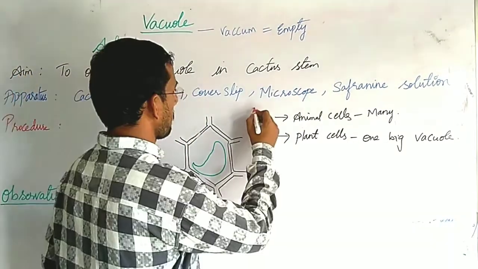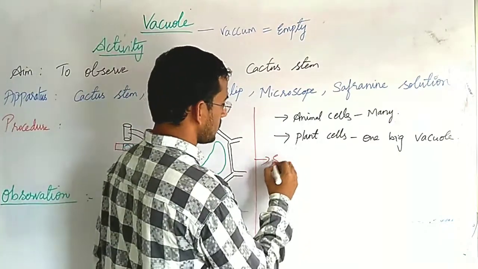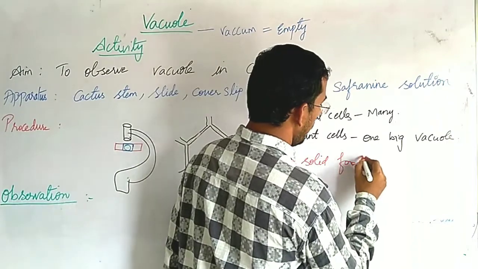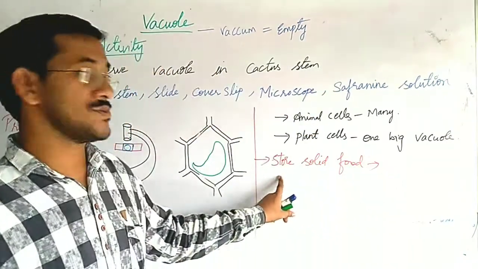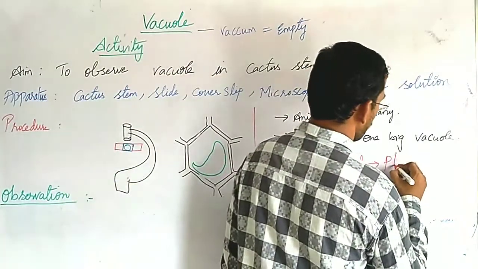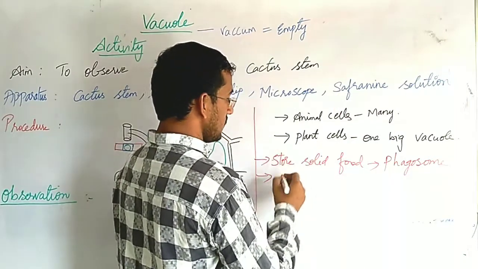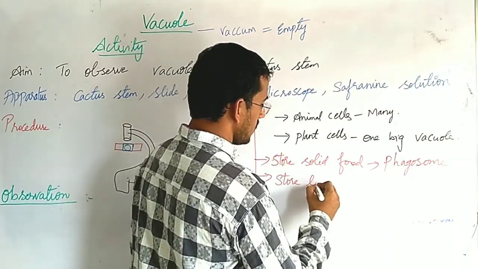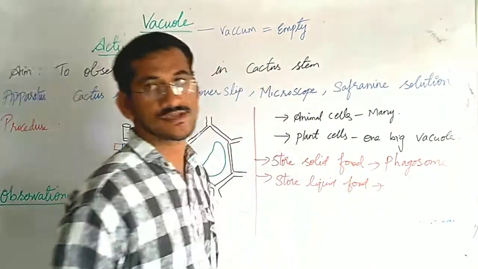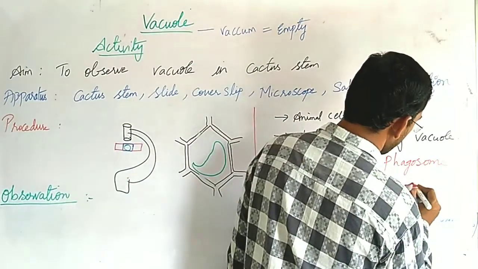Functions of this. The vacuoles which store solid food are called phagosomes. Then the vacuoles which store liquid food, liquid materials, are called pinosomes.